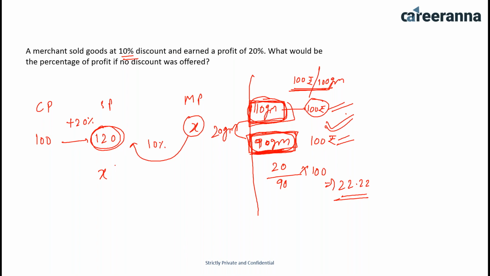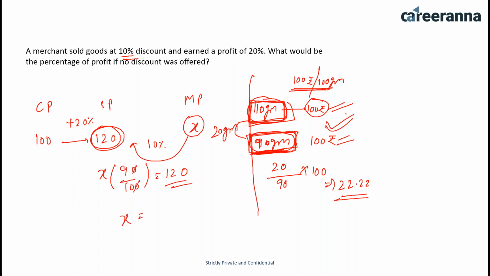That means X multiplied by 90 divided by 100 is 120. Is it clear to all? If I allow 10% discount, it is selling price, right?